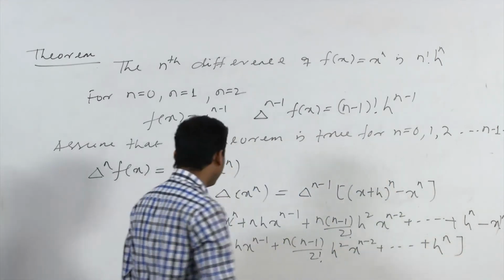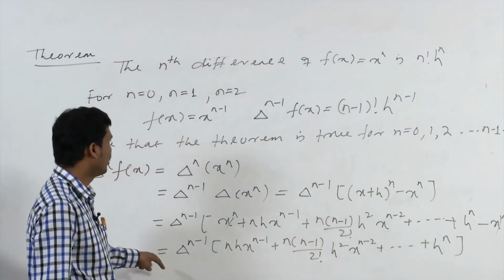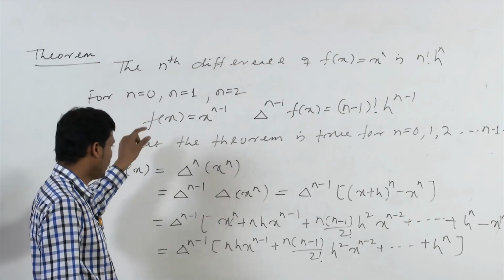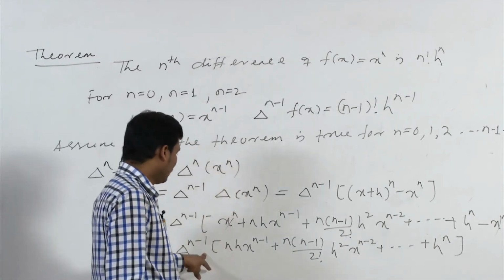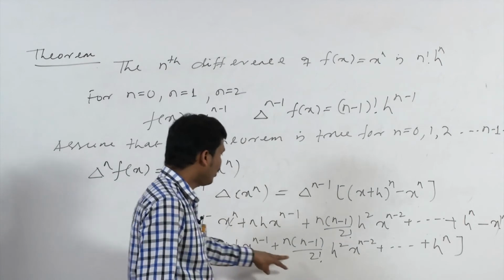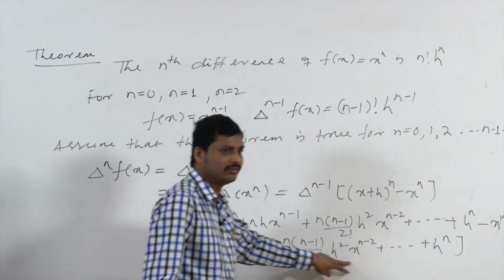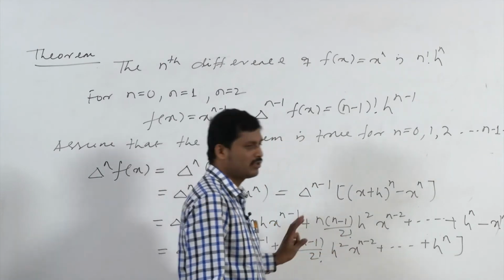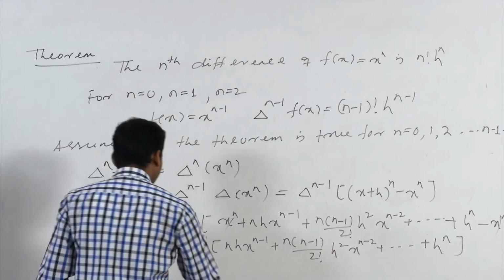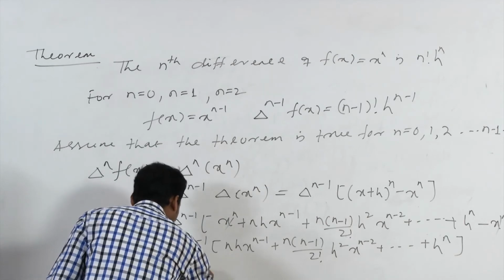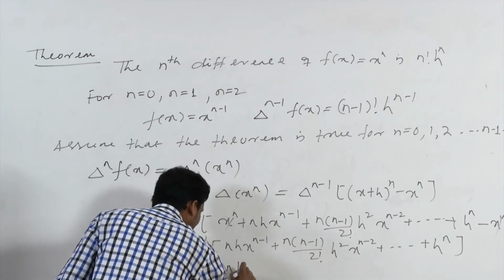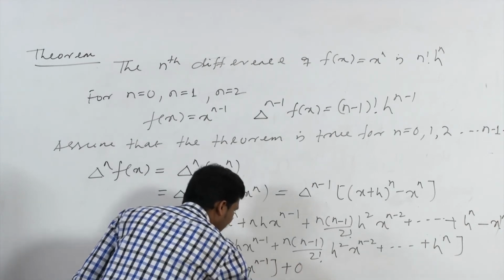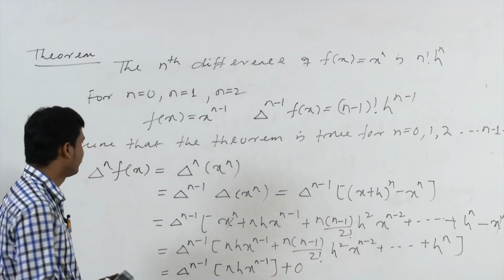Since we have already assumed that this theorem is true for all the values 0, 1, 2 up to n minus 1, except this term, all other terms will take 0 values, since all of these polynomials are of degree less than n minus 1. So, the final term is Δ to the power n minus 1 of n h x to the power n minus 1, plus all other terms assumed to be 0.